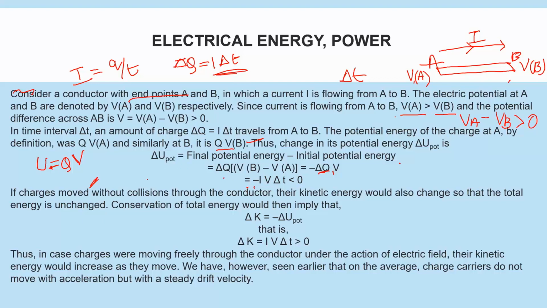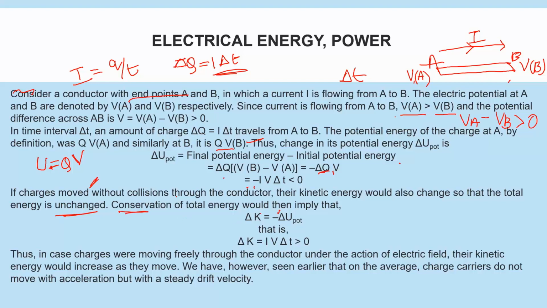Now if the charges are being moved without collisions, their kinetic energy would also change, because the total energy has to remain unchanged. We have the conservation of energy that we have to take care of.